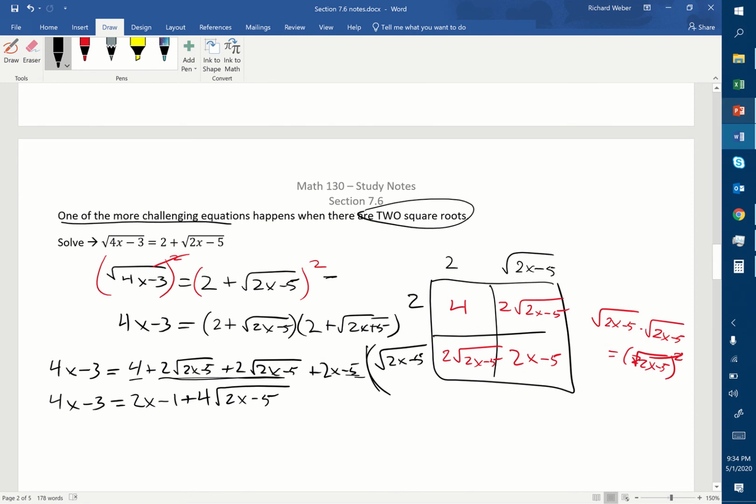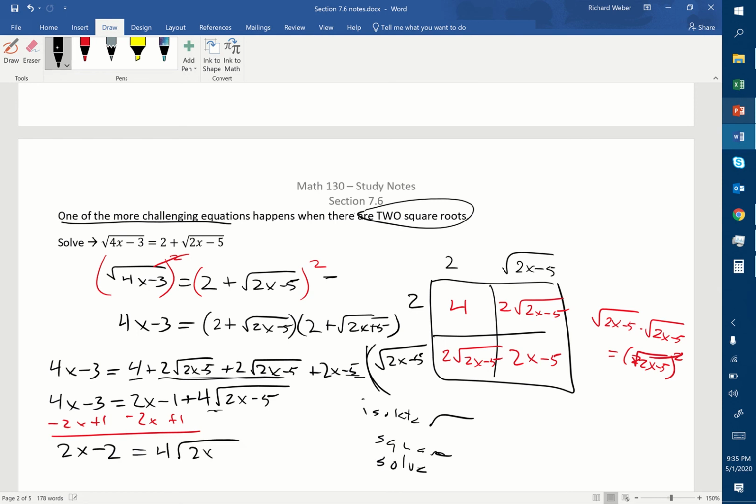What I'm doing is I'm going to isolate the radical again. I'm going to square, and then I'm going to solve. That's what I'm thinking. So I'm going to isolate. That means I'm going to get minus 2x plus 1, plus 1. Okay, stop right there. The 4 is attached by multiply. So we have 2x minus 2 is equal to 4 square root 2x minus 5.